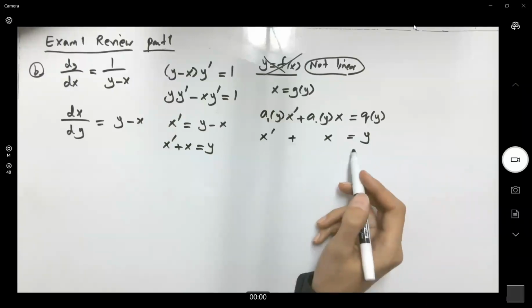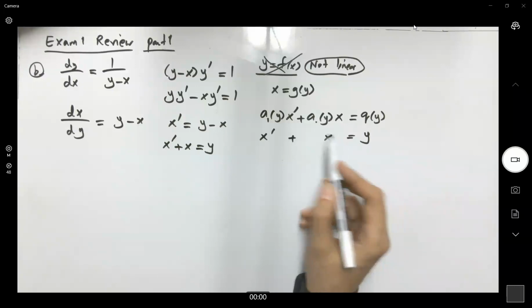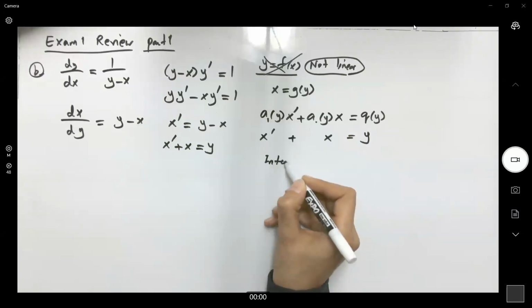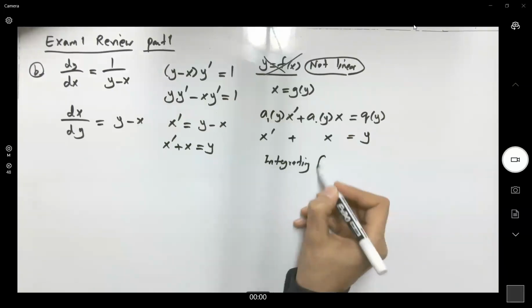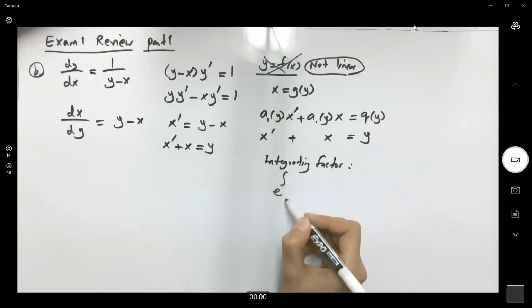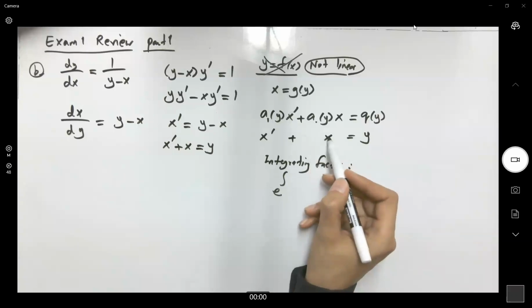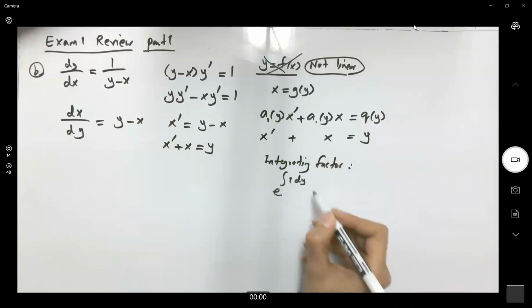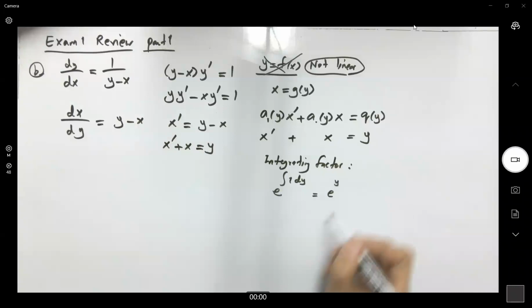So since it's a linear differential equation, it's already in standard form, find the integrating factor. So what's the integrating factor? The integrating factor is e to the power of the integral of 1 dy, which becomes e to the y.